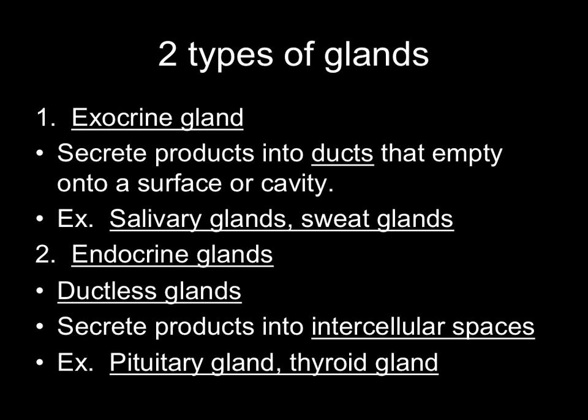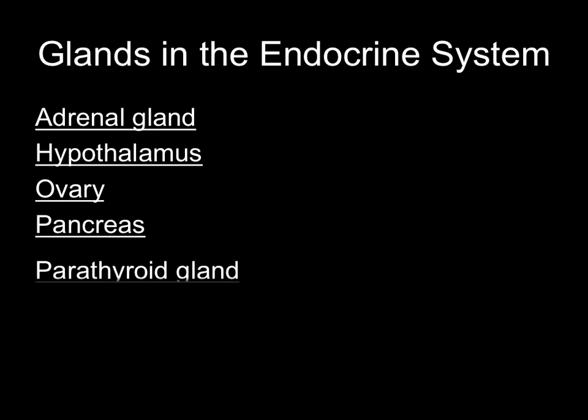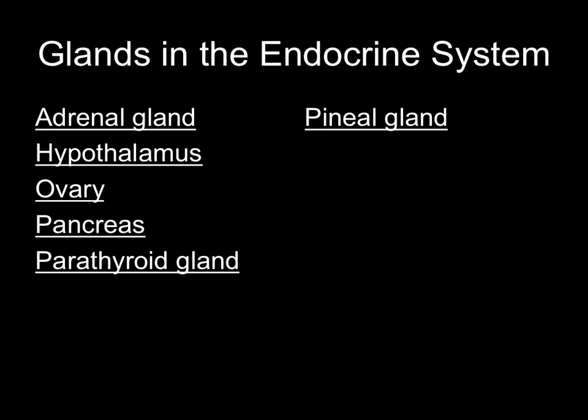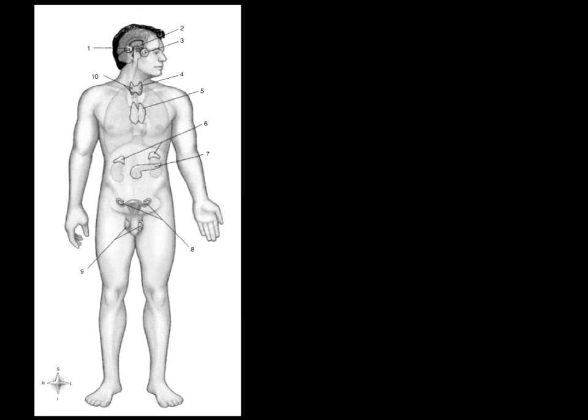So if we look overall at the 10 glands that we are most interested in, here is the list: the adrenal gland, the hypothalamus, the ovary, the pancreas, the parathyroid, the pineal, the pituitary, the testes, the thymus, and the thyroid. Now, on the next page in your notes, you actually have this diagram.